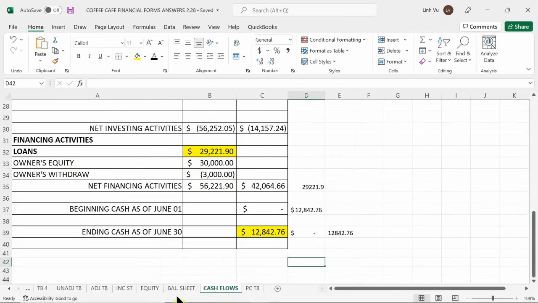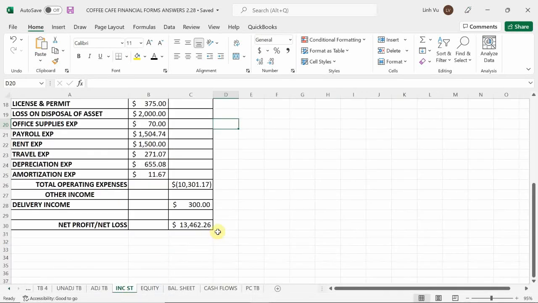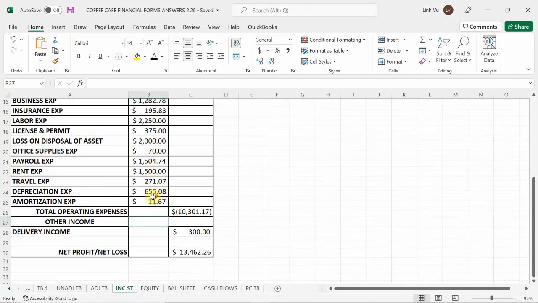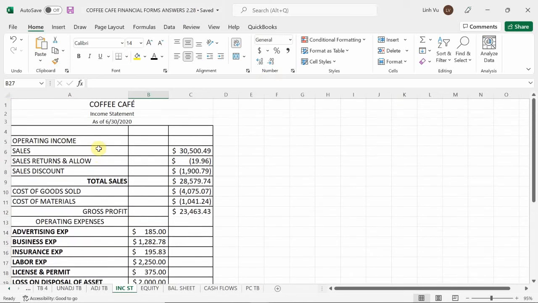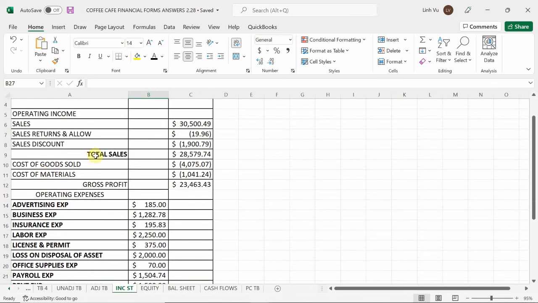Okay, 15,417. And let me see. If you go to your income statement, this usually should match. All right. Okay. So I'm off by $5,000. I must have added something in there. Oh, I plus the total of the cost of goods sold.